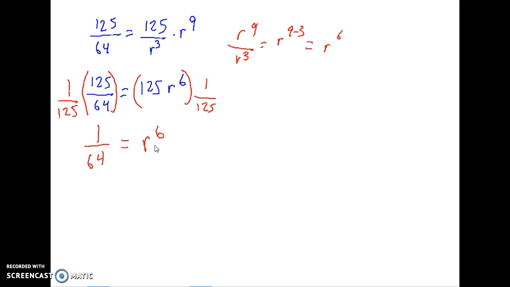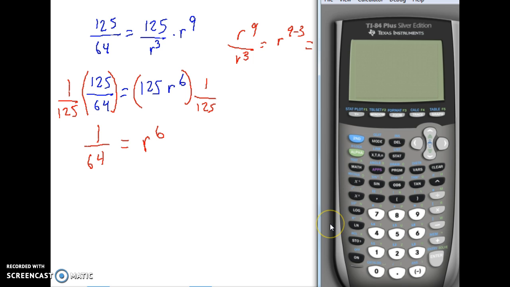Now, at this point, we could do one of two things. We could take our trusty calculator, which is turned off, so we'll have to turn it back on, and take the 6th root. In order to do that, if I press math, option 5 says x and then a root sign, so I want to write a number there first. Let me quit out of this, so second mode, and I'm going to put 6 right there.